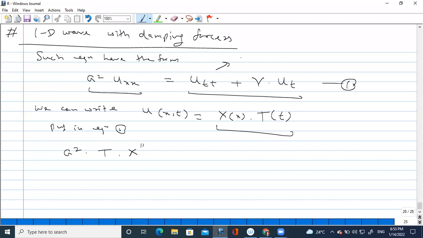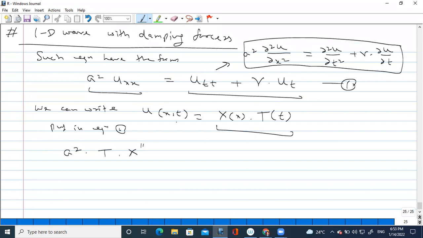Okay, so one way you can write this: a square del 2u by del x square equal to del 2u by del t square plus gamma into del u by del t. So this is also the same form. Here the double differentiation of x I am writing as x double dash, and t is constant, so it will come out. That will be equal to u double t, meaning del 2u by del t square. So x will be taken common outside because it is constant, and it will be del 2t by del t square.